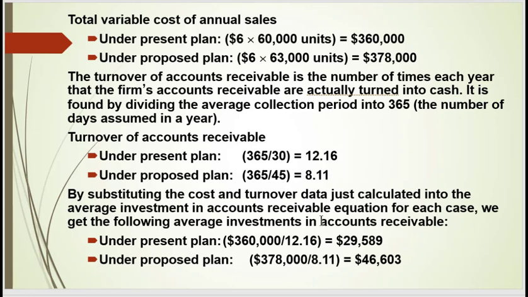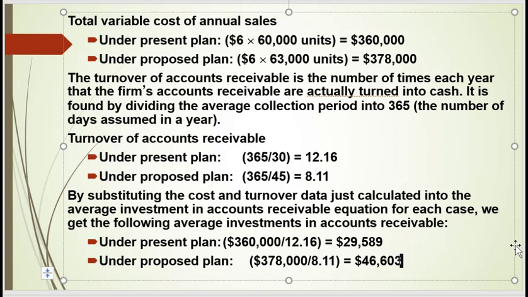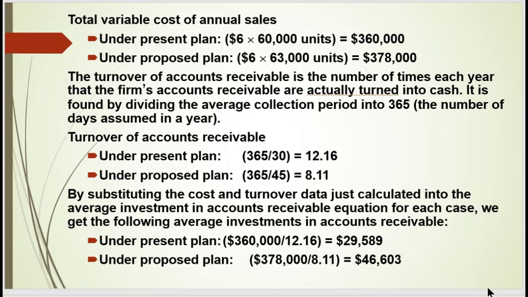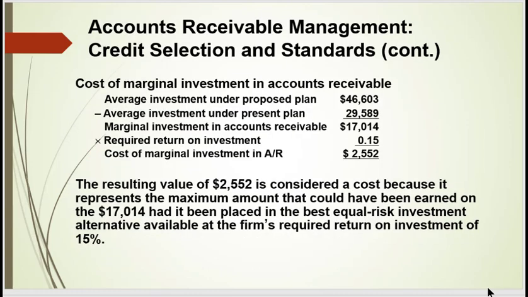Now, put these together. Under the present plan, the average investment in accounts receivable is $29,589. Under the proposed plan, accounts receivable should increase to $46,603. That is the change in accounts receivable.